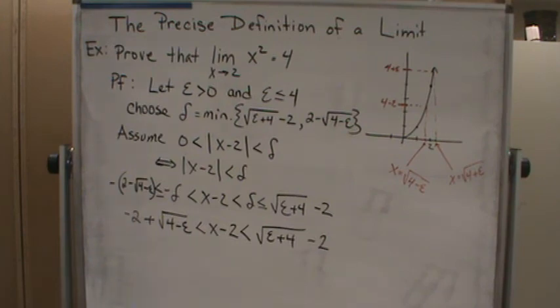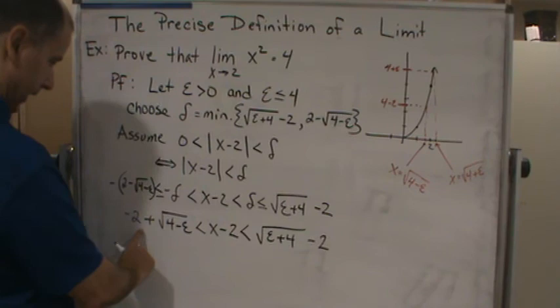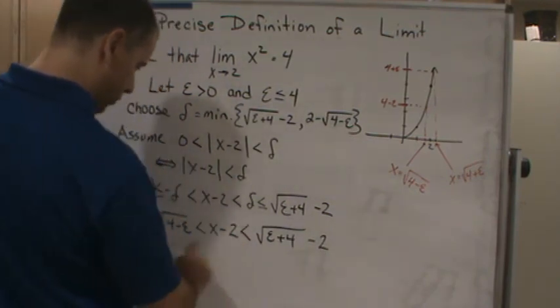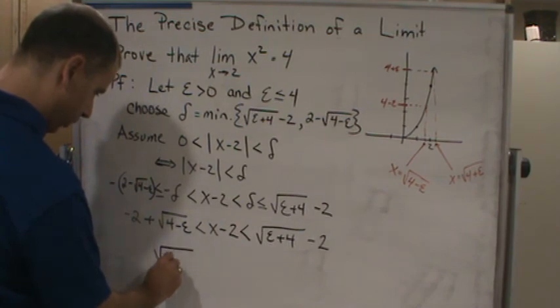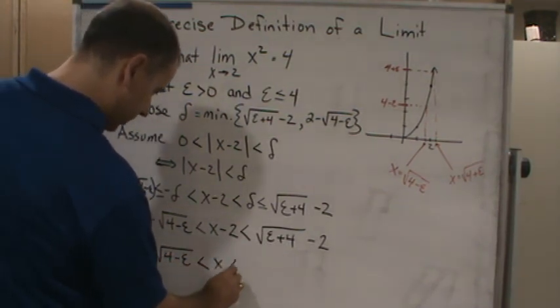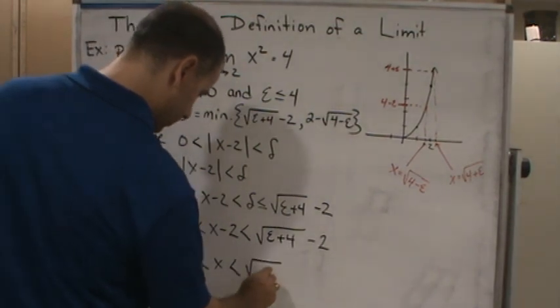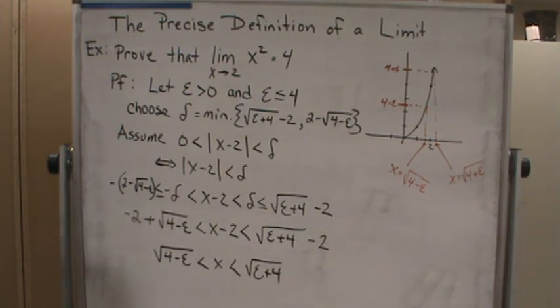And then of course if we add 2 to everything, right? So we add 2 over here, we add 2 over here, we add 2 over here, then what do we get? We get 4 minus epsilon is less than x, which is less than the square root of epsilon plus 4, right?